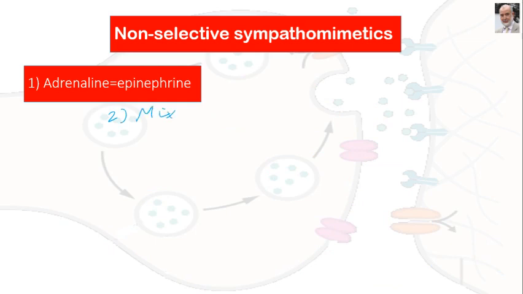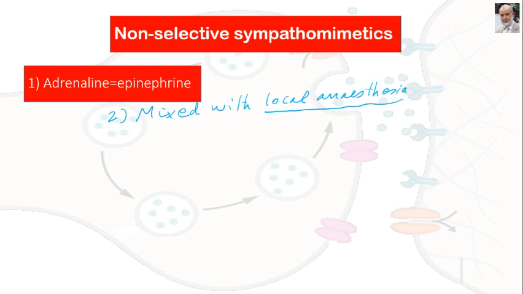The second important clinical use of adrenaline, which we have talked about before, is its use with local anesthetic. Adrenaline is mixed with local anesthetic. As we know, local anesthetics are used to produce local anesthesia, meaning anesthesia at the site of administration of these drugs, like lidocaine and its congeners.